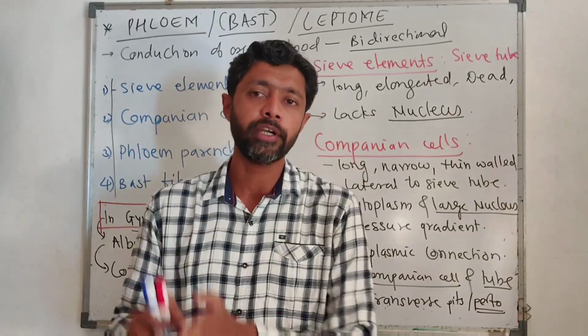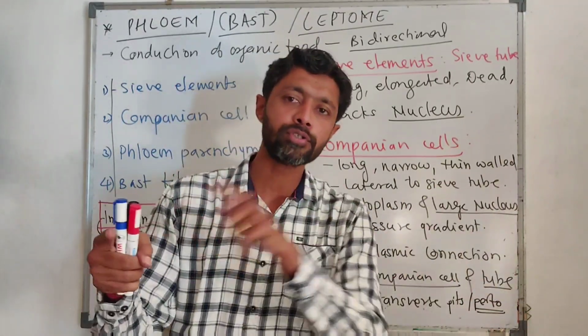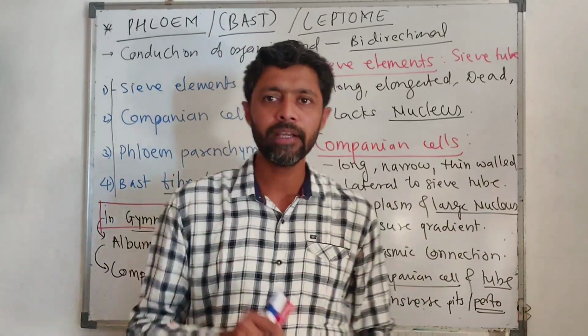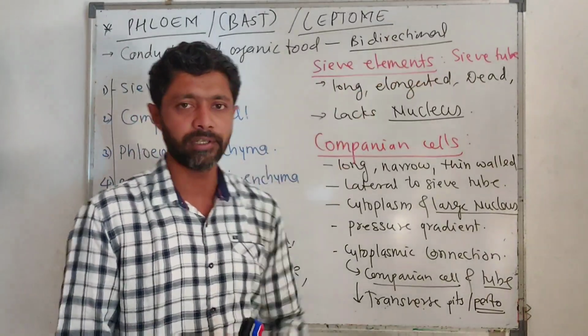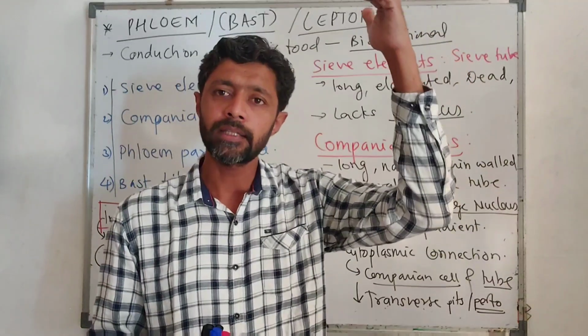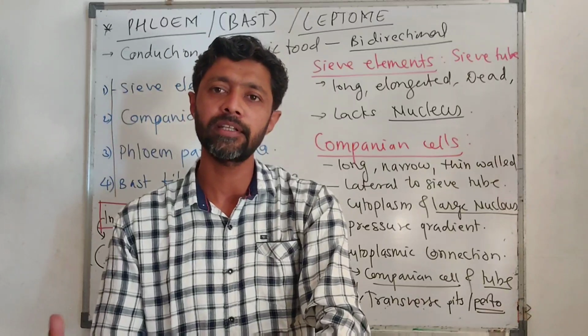So food will be transported from source to sink, and sometimes it gets reversed. Why do we say phloem transports food bidirectionally? Sometimes the leaf produces food, and that food is stored inside a root, as we have seen in the carrot.